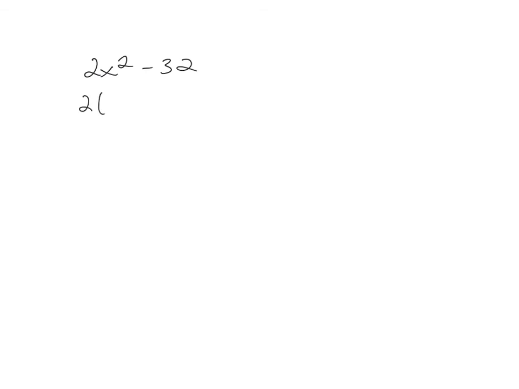So I take a 2 and I divide it back, which we did at the end of the first part of the chapter. So 2 divided by 2 is 1. So there's a 1 in front of the x squared. 32 divided by 2 is 16. Now I factor what's left over. Okay, 2 terms, subtraction, square root, that's difference of squares. X plus 4, x minus 4.